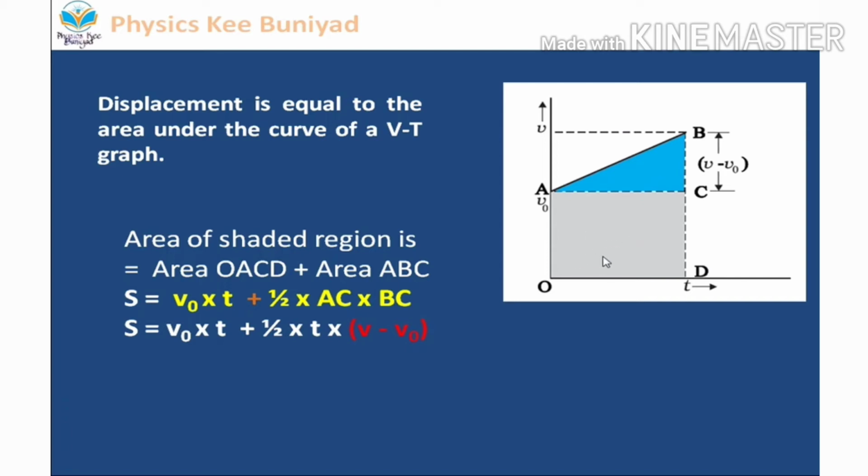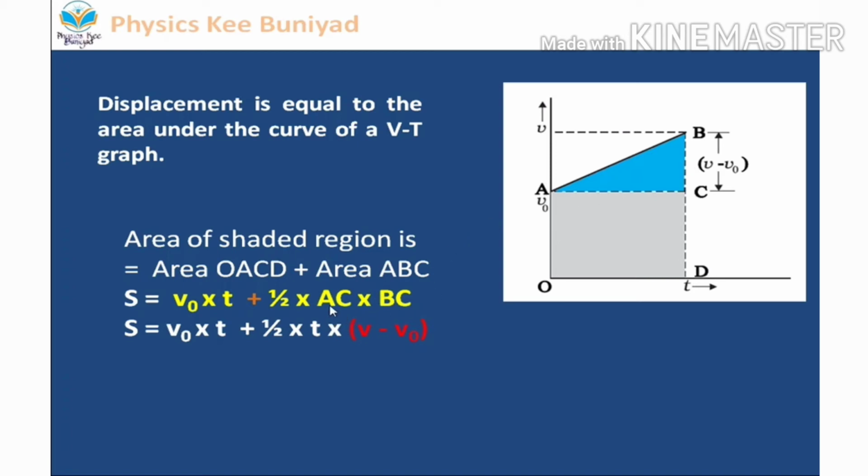When you calculate the area of the rectangle, you multiply this length and this length. This is the time axis, and this is equal to t, and in the y axis it is v0. So I put v0 times t for the area of this portion. For the area of this triangle I will use the formula half into base into height.